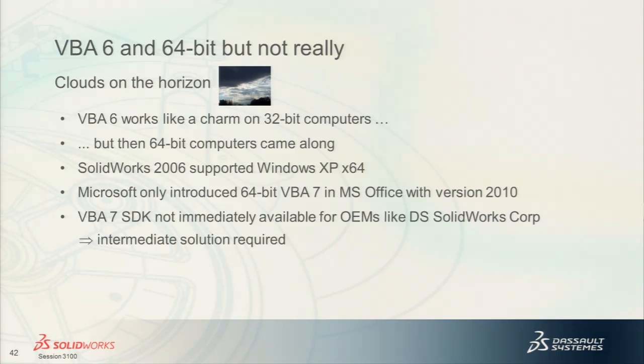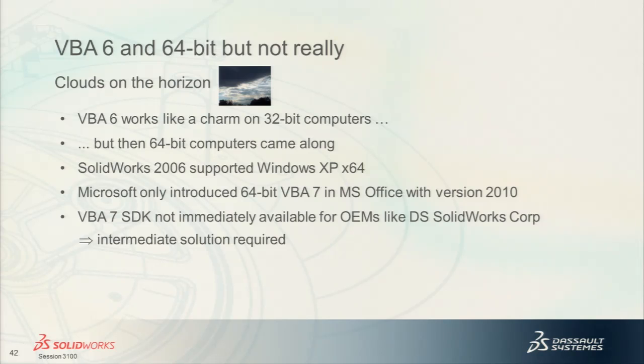The problem we had was that there was no native support from the VBA side. That took Microsoft until version 2010 of Office to introduce that. That has been around for a couple of years now, and we were not able to get hold of the SDK. So we couldn't just copy and paste the code, or recompile it on our end and be done with it. No, we had to do something special.